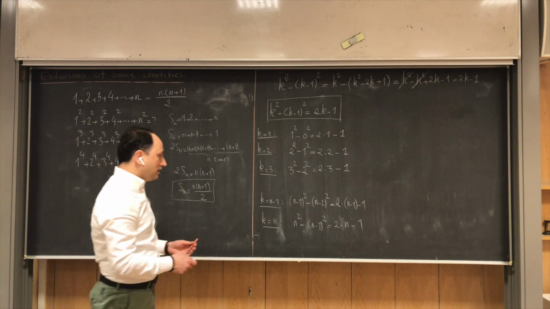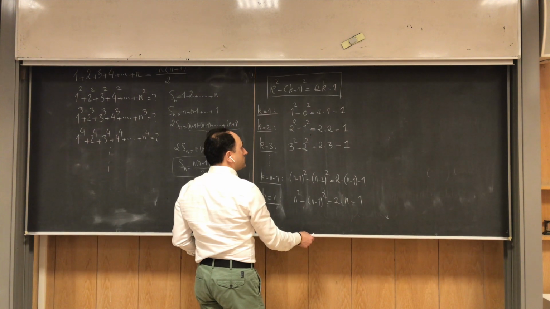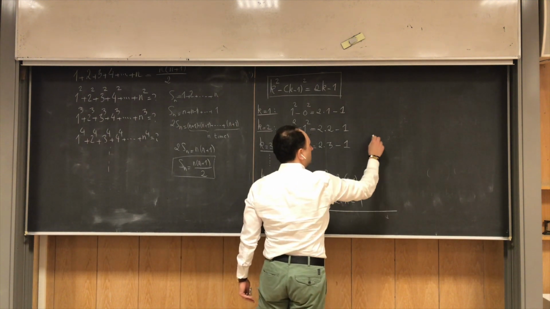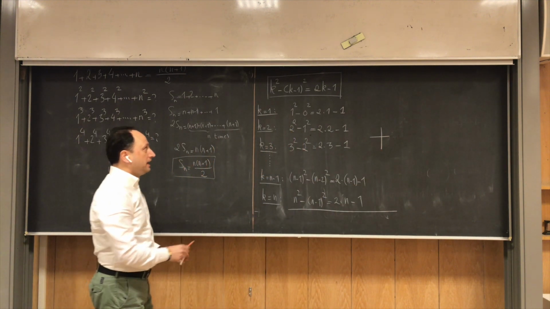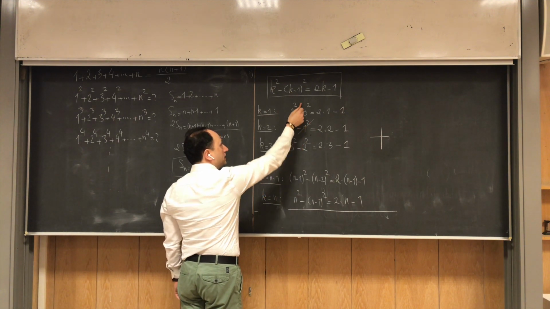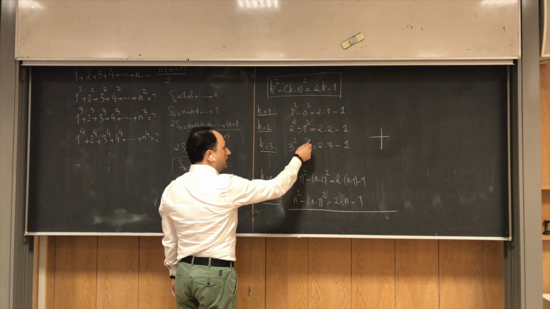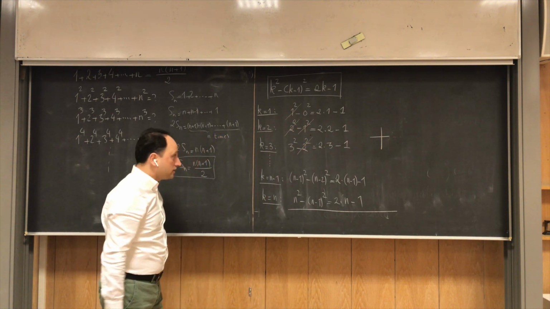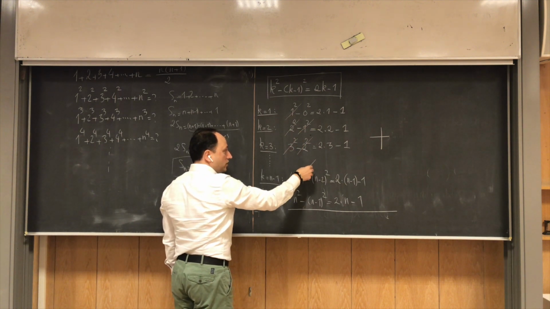And the nice and interesting thing here is that the strategy is to do this. I add all these things together. Let us see what happens. Here, 1 squared and minus 1 squared are cancelled. Yes? Here, minus 2 to the 2 and 2 to the 2 are cancelled. Yes? Here, this 3 to the 2 will be cancelled, but what is coming here?